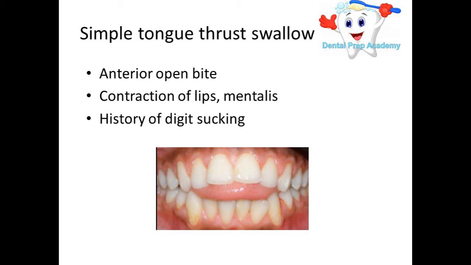Hence, contraction of lips and mentalis muscle is seen along with the mandibular elevators in simple tongue thrust swallow. Clearly, this is a case of anterior open bite with good occlusion of posterior teeth.